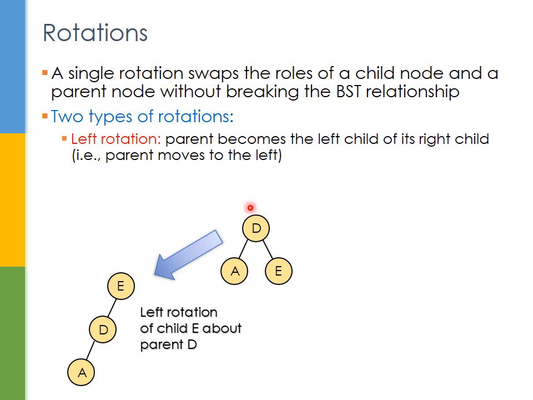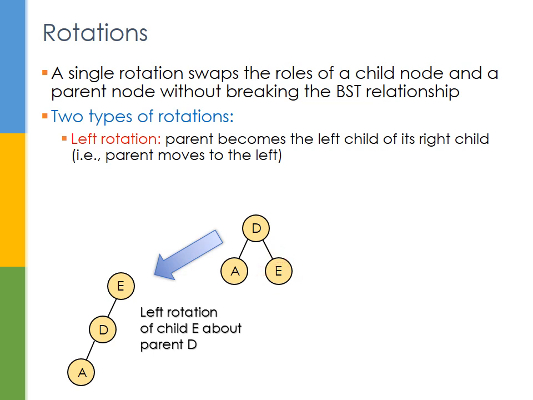So let's assume that we have this simple tree over here. We can see that the binary search tree relationship is maintained there. A is to the left of D and E is to the right of D. So if we perform a left rotation, what this means is the parent, in other words D, becomes the left child of its right child, which in this case is node E over here.